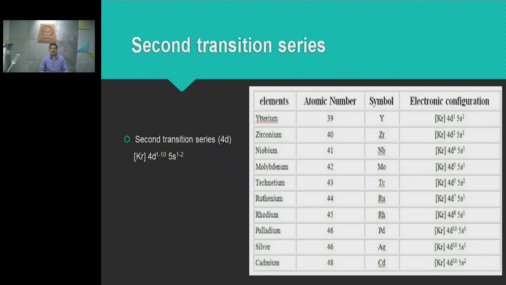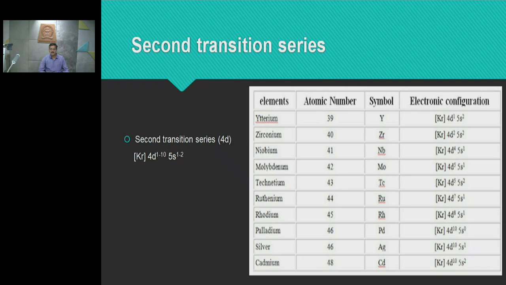For the 4d series also, there are elements like yttrium, zirconium, niobium, molybdenum, technetium, ruthenium, rhodium, palladium, silver and cadmium, from atomic number 39 to 48, with different symbols and electronic configuration from 4d1 5s2 up to 4d10 5s2.